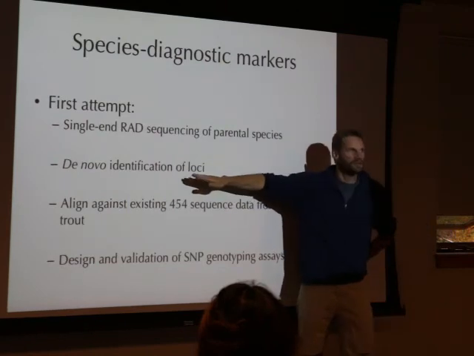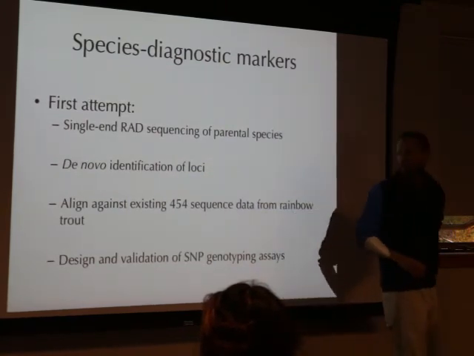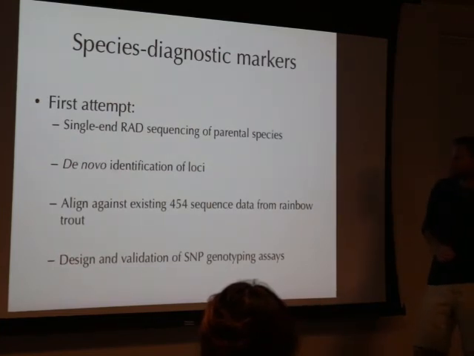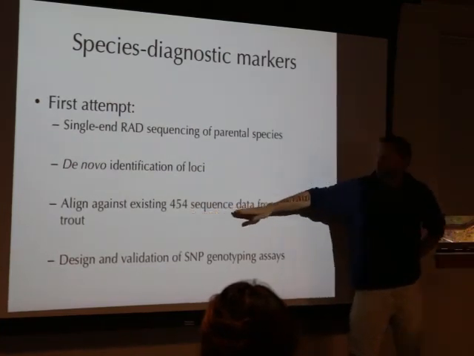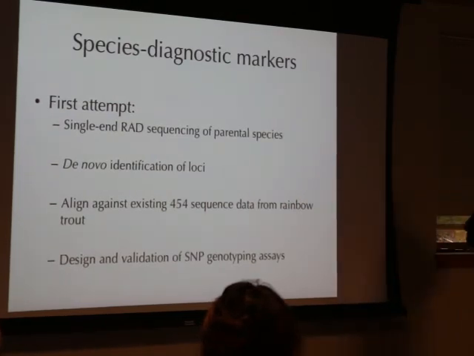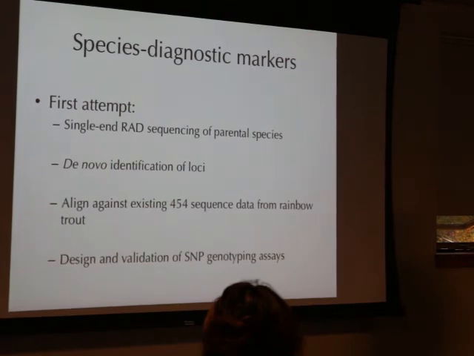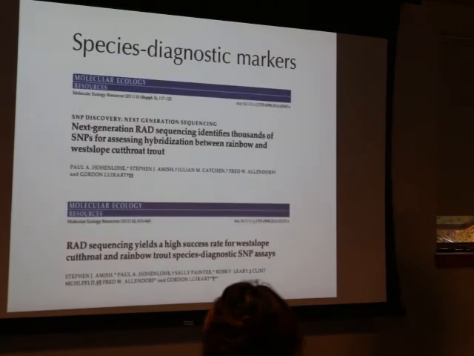We didn't have a reference genome, so we did de novo identification of the loci using Stacks. But we did have some existing 454 sequence data that we could use, and we built a bunch of SNP genotyping assays from that set of putative markers.